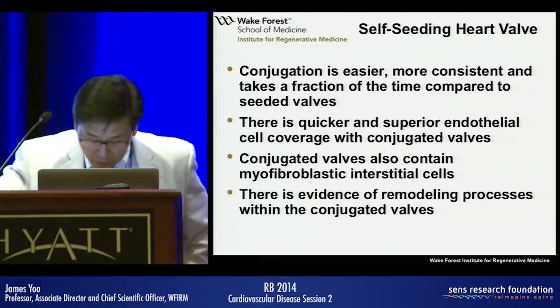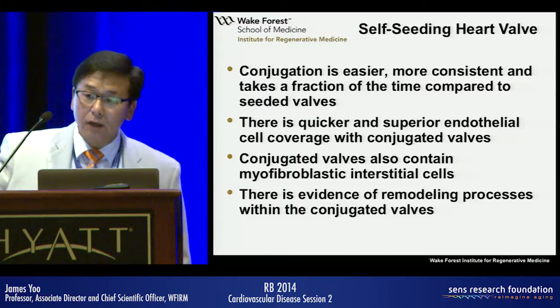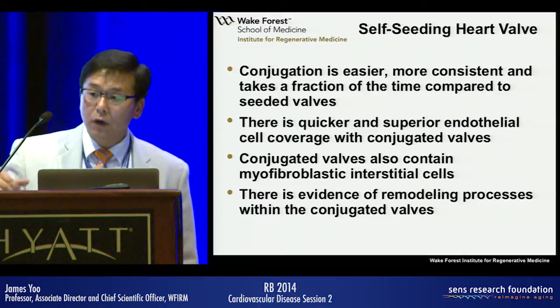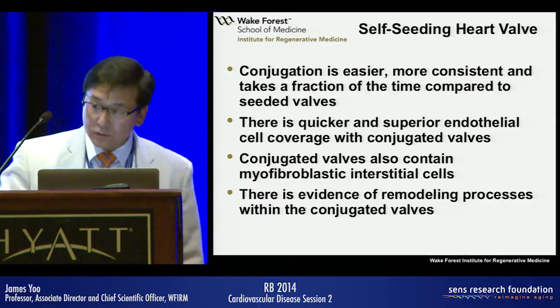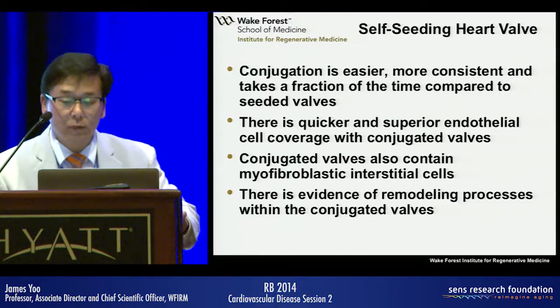So we are very excited because by doing so and eliminating the cell component from this equation, we're able to save a lot of resources and bring the technology faster to patients.